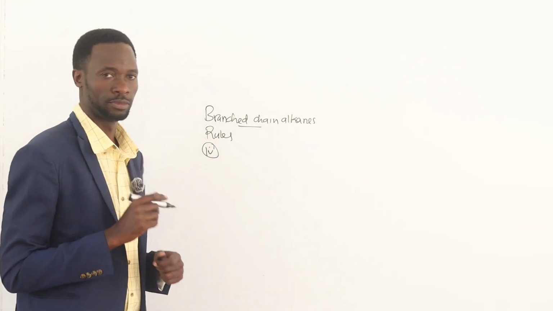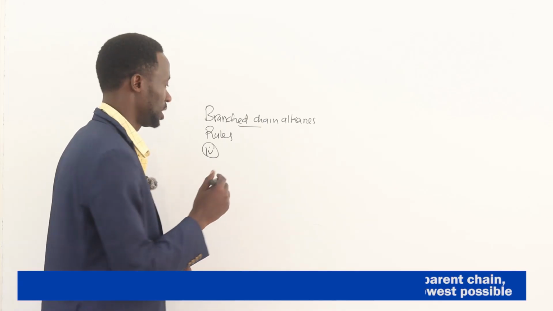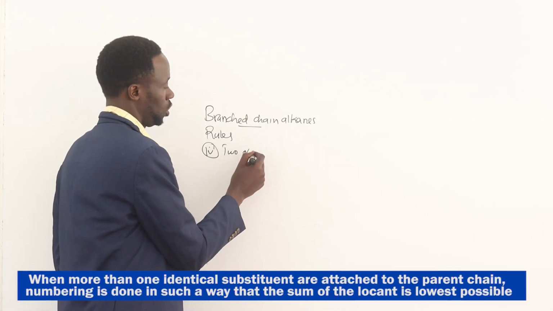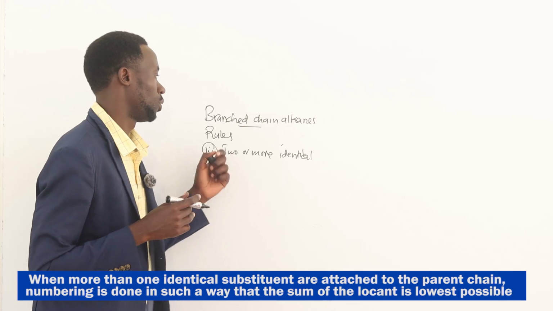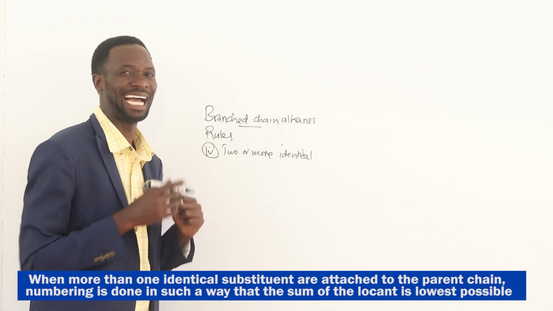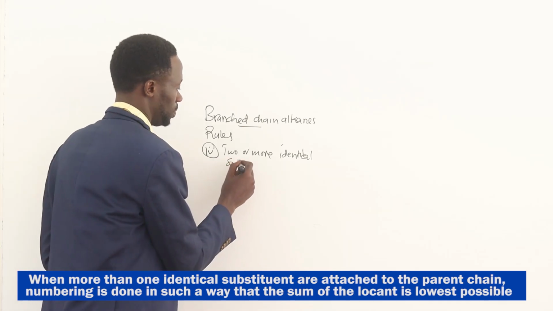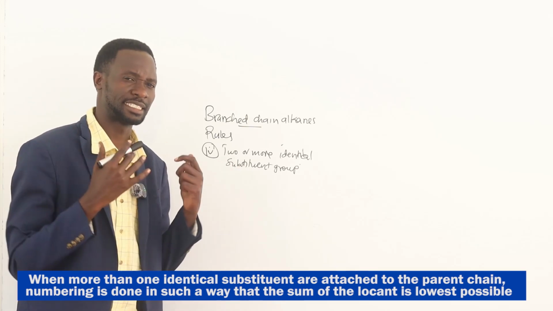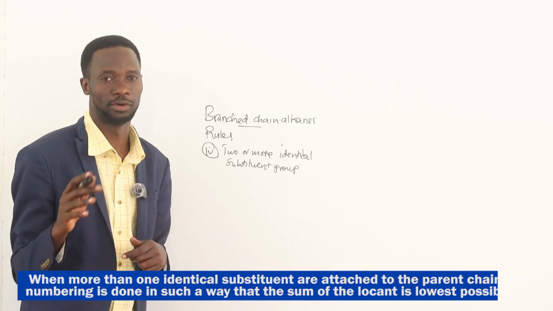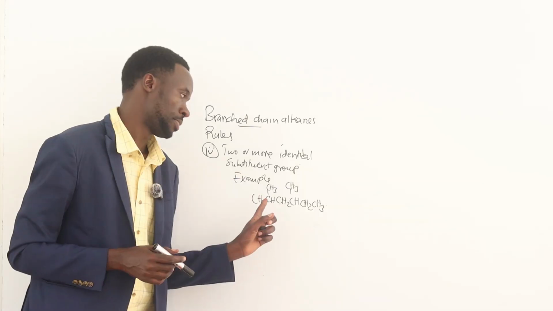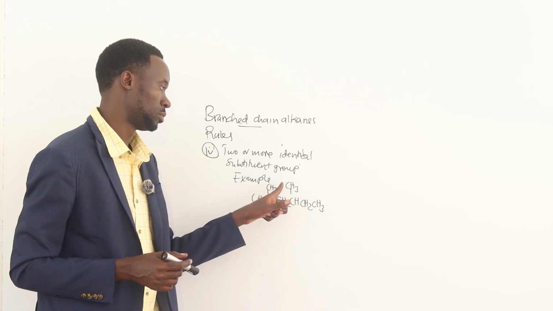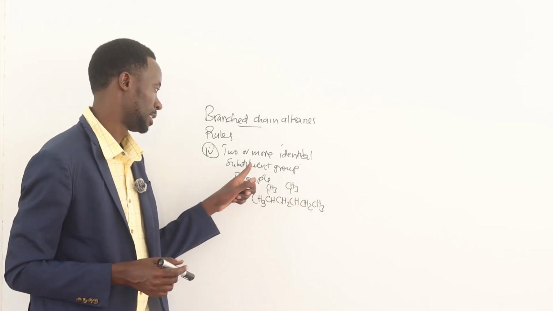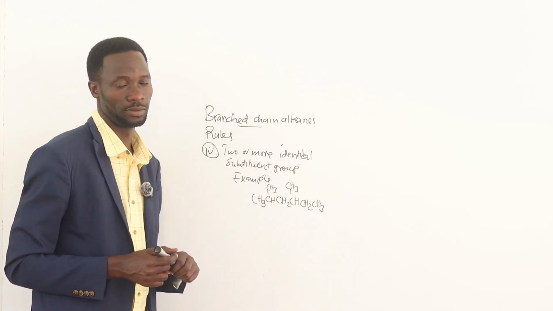Rule number 4. The rule number 4 says when you have 2 or more identical substituent groups, numbering is done in such a way that the sum of the locants is lowest possible. For example, this hydrocarbon consists of 2 substituent groups, but these substituent groups are identical.